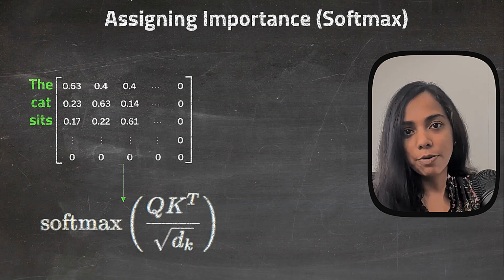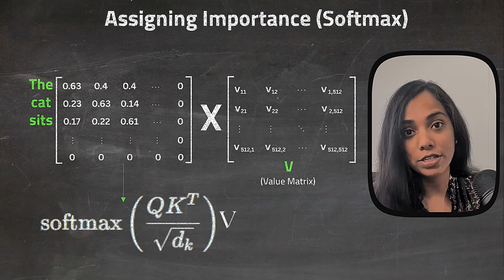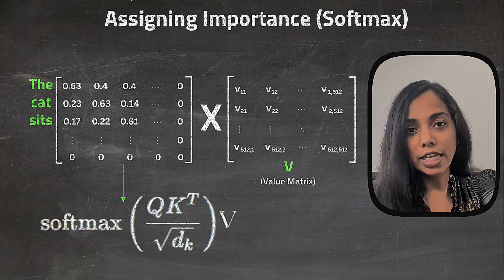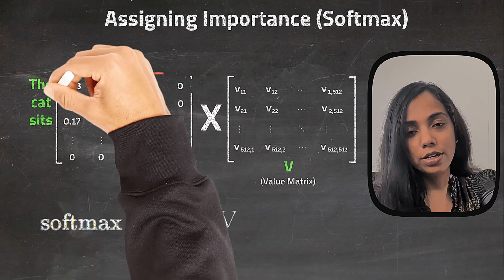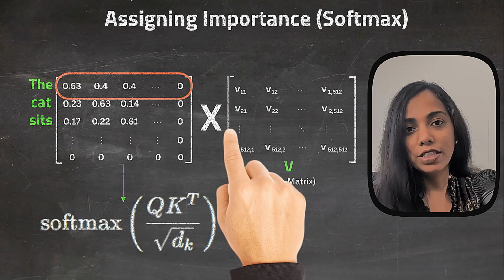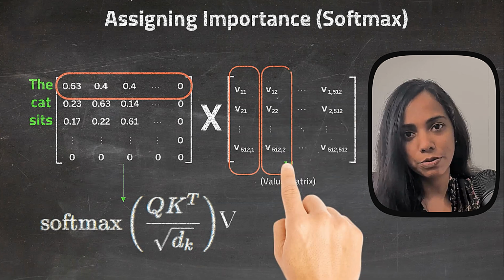Finally, the attention probabilities, which are of dimension 512 times 512, are multiplied with the value matrix, which is also of dimension 512 times 512. In matrix multiplication, each row from the probability matrix is multiplied with the value matrix of dimensions 512 over 512.